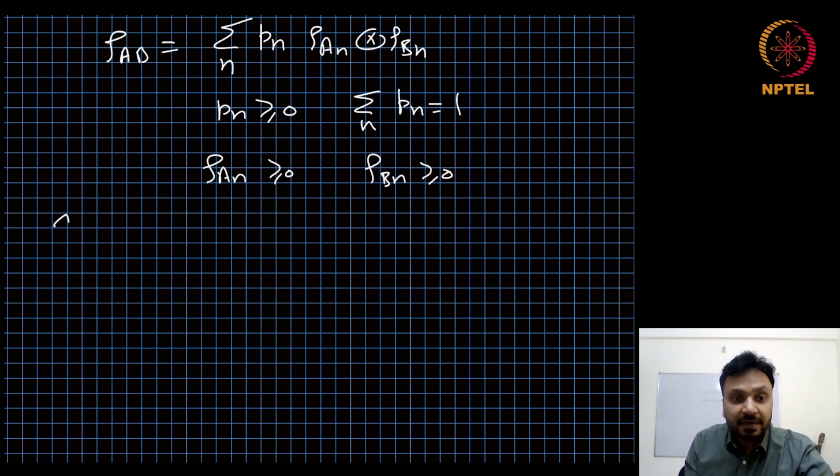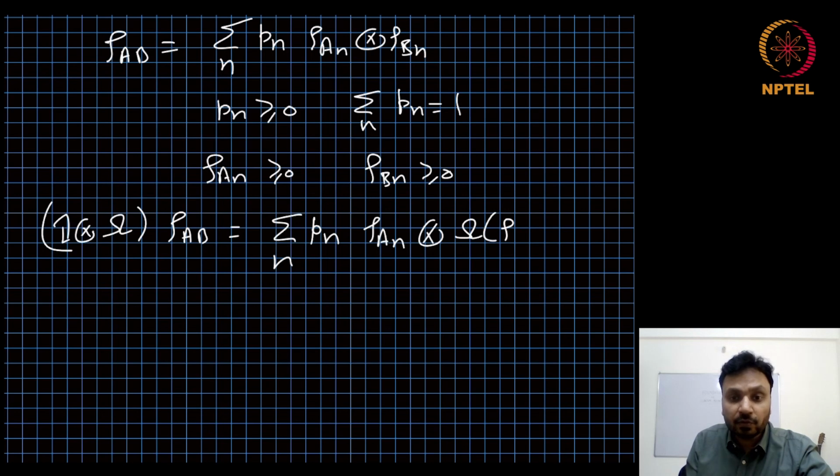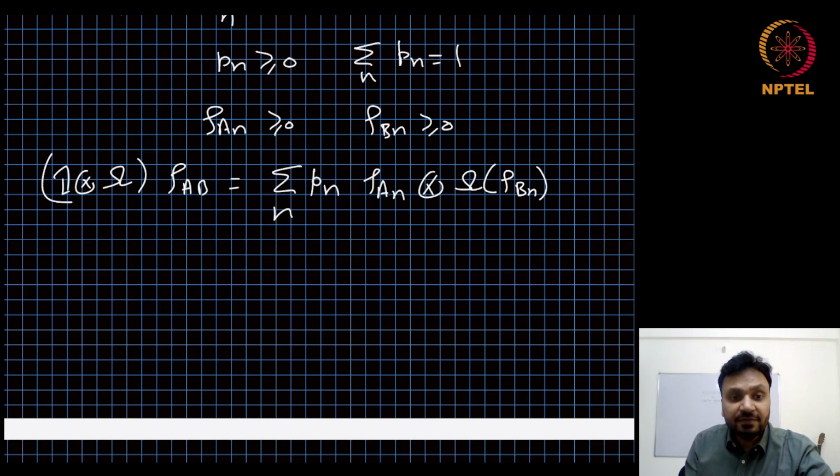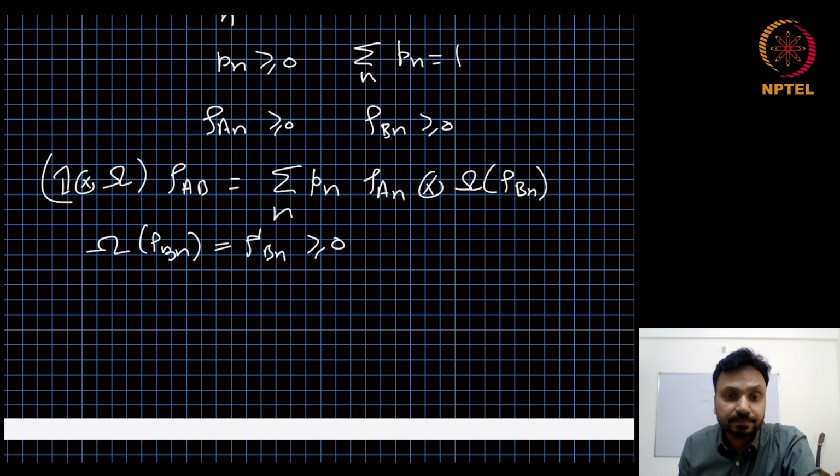So when we apply the positive map omega on one side of rho AB, on one subsystem of rho AB, then it can be written as Pn rho An, meaning nothing on An, tensor omega acting on rho Bn. So if omega is positive, and it is positive, then rho Bn will become rho prime Bn, which are also positive operators.